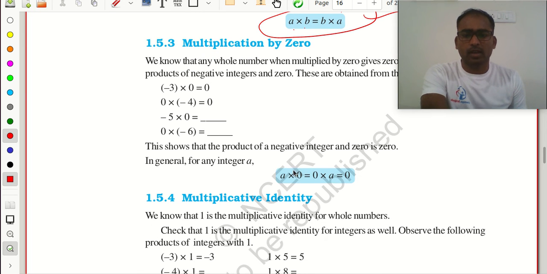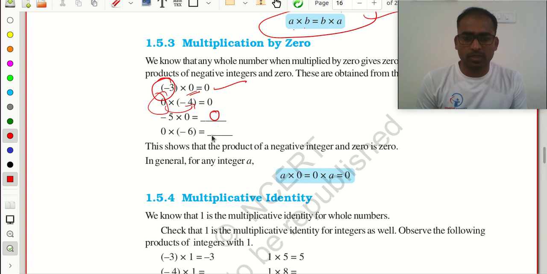Now we will learn, suppose if I multiply with 0 for any integer, what happens next? If I multiply 0 with any integer, what will be the answer? We are having an integer 3, minus 3, and I am multiplying with 0. So how much will I get here? 0 only. And again 0 multiplied with any integer? 0.